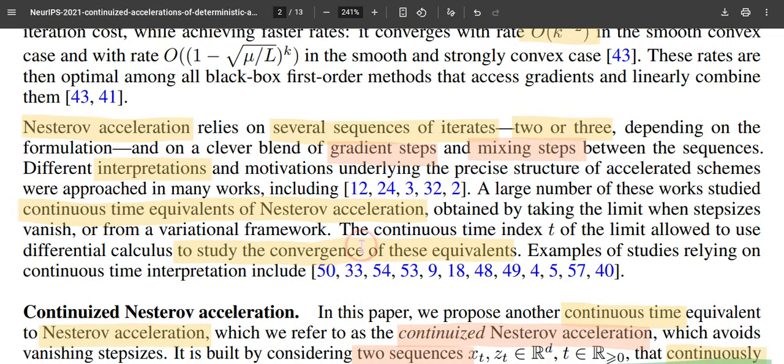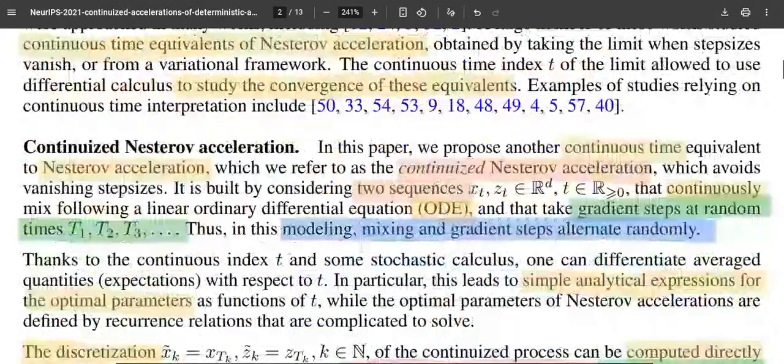In this paper, an attempt has been made to develop a continuous version of the acceleration. It means that instead of the discrete mixing step, it has continuous ODE equations. Because of this continuous Nesterov acceleration, the gradient steps involve some random parameters.